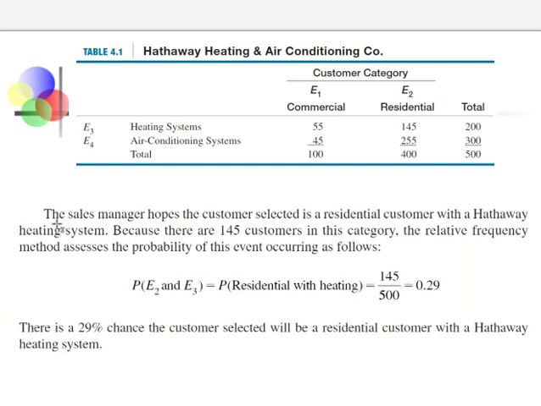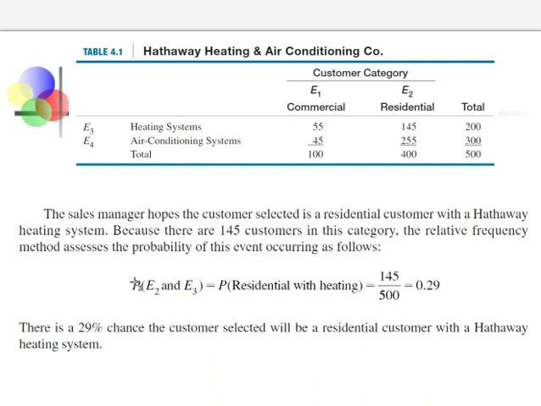The sales manager hopes the customer selected is a residential customer with a Hathaway heating system because there are 145 customers in this category. The relative frequency method assesses the probability of this event occurring as follows.